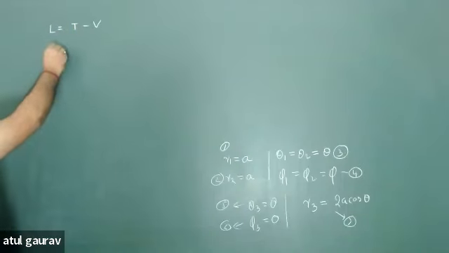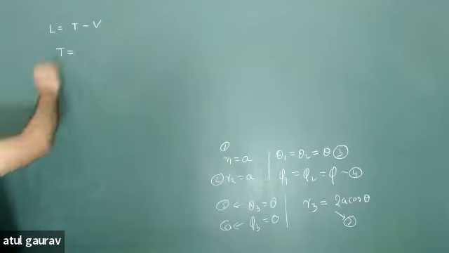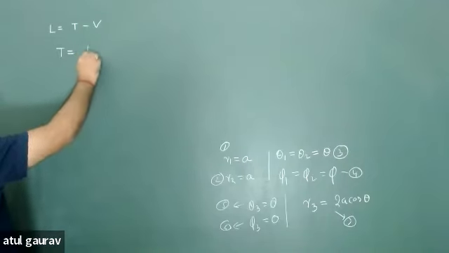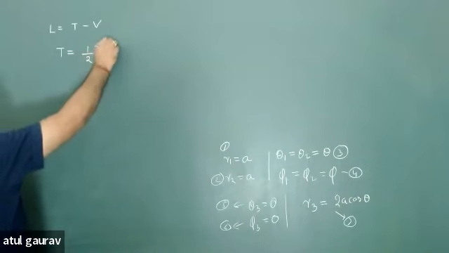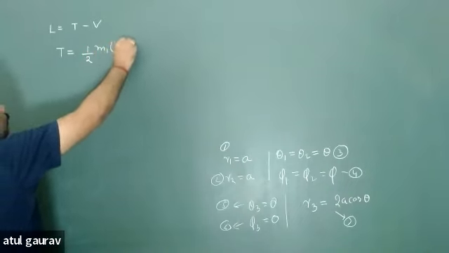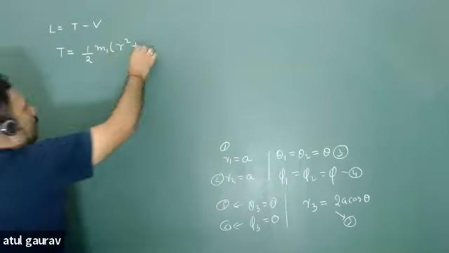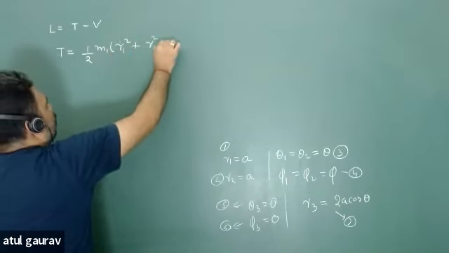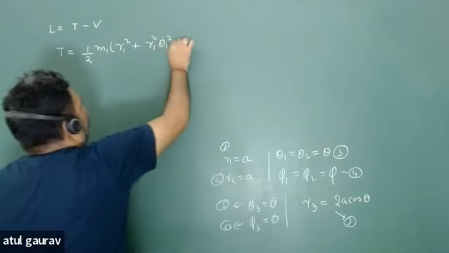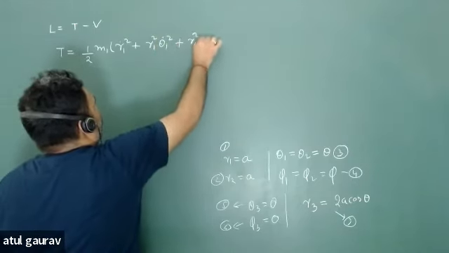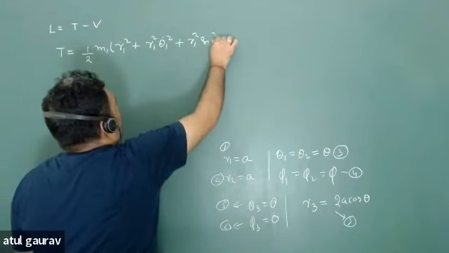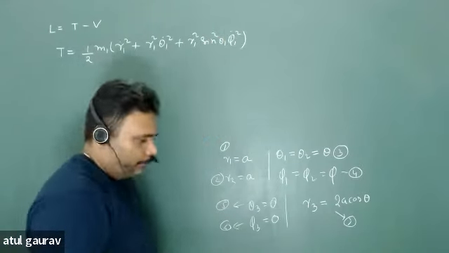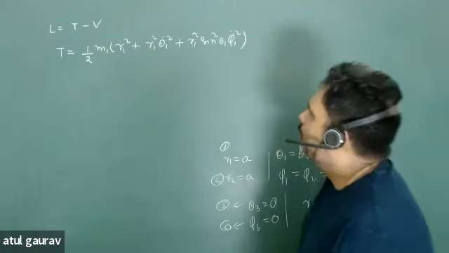So let us first write the kinetic energy. What is the kinetic energy of the first particle in spherical polar coordinates? Half m1 r1 dot square plus r1 square θ1 dot square plus r1 square sin square θ1 phi1 dot square. This is for the first particle.